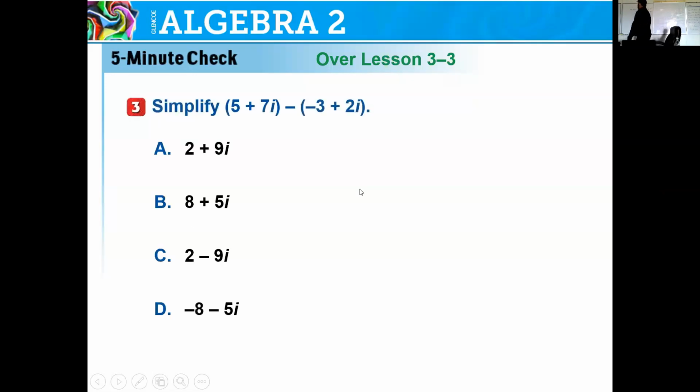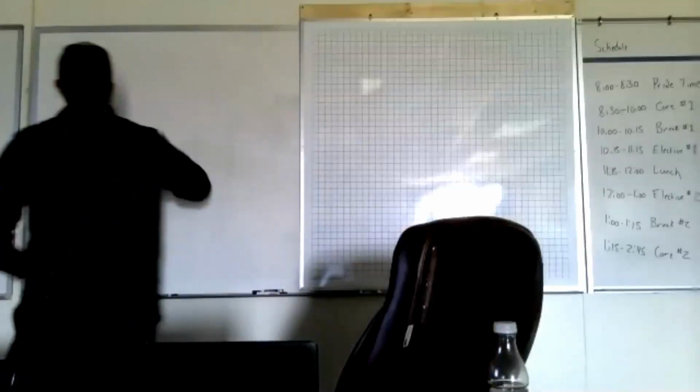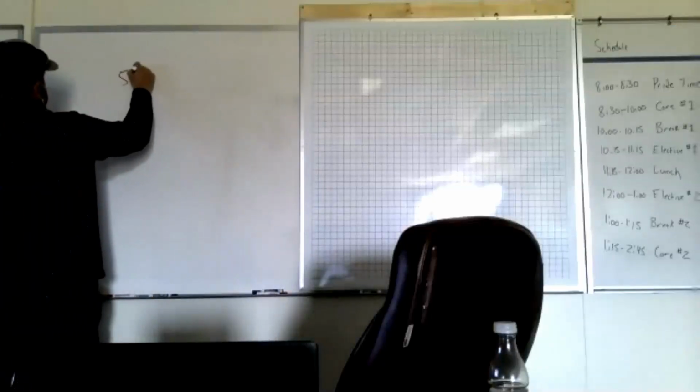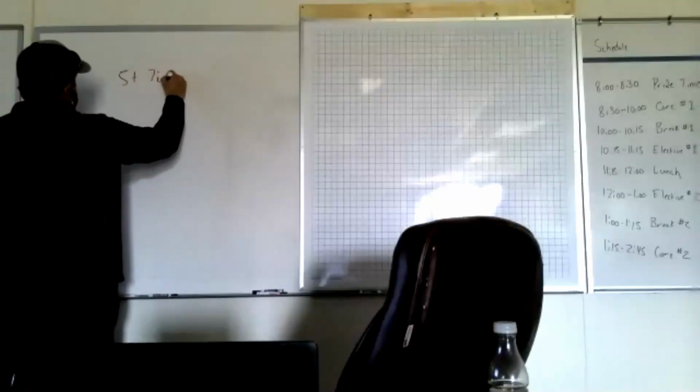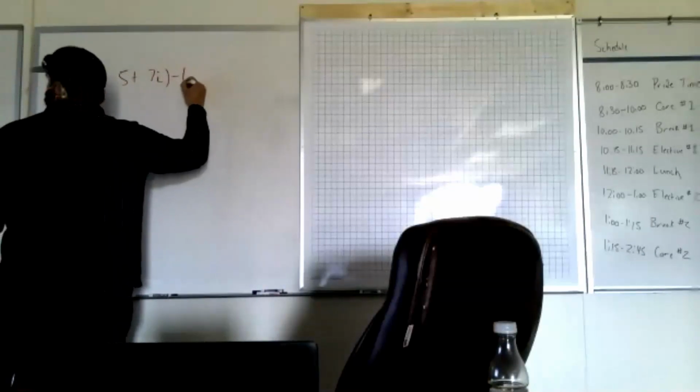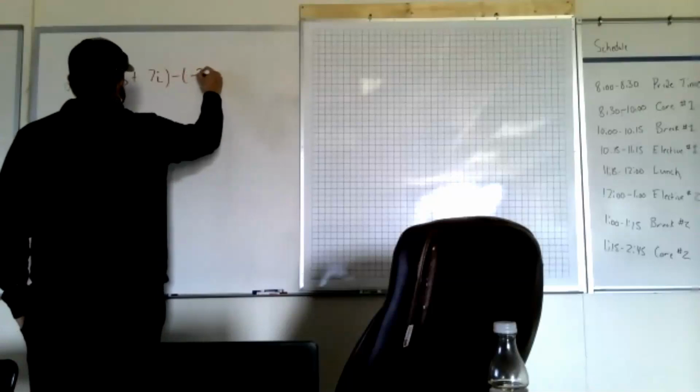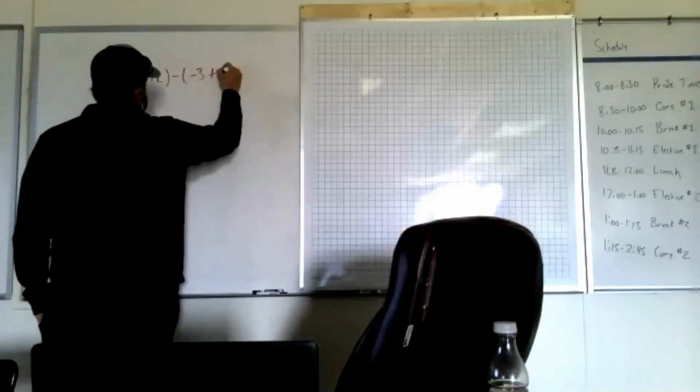All right, here we get some addition with complex numbers. We have 5 plus 7i minus negative 3 plus 2i. Remember, when it comes to addition and subtraction, it's all about combining like terms. So if we have 5 plus 7i quantity minus negative 3 plus 2i.